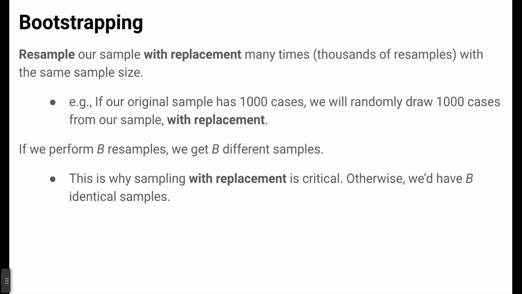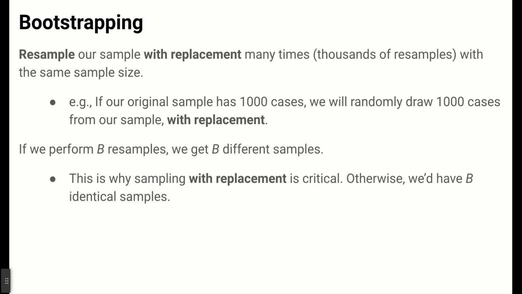Bootstrapping is a procedure in which we resample our original sample with replacement many times to obtain several resamples of the same size as the original sample. For example, if our original sample had 1,000 cases, a bootstrap resample randomly draws 1,000 cases from the original sample with replacement, allowing any case to be drawn multiple times.